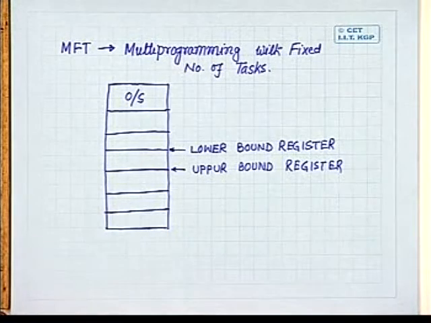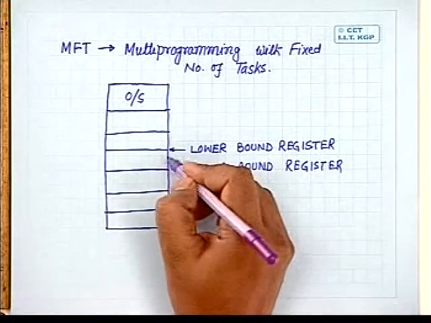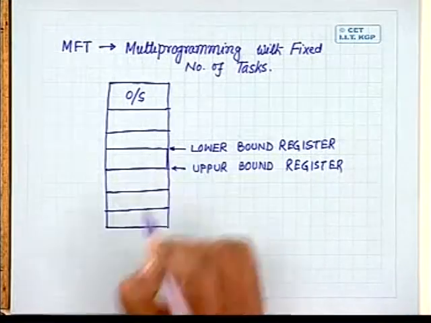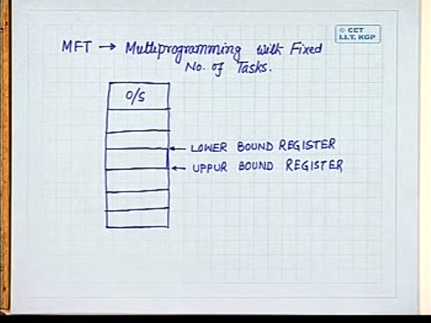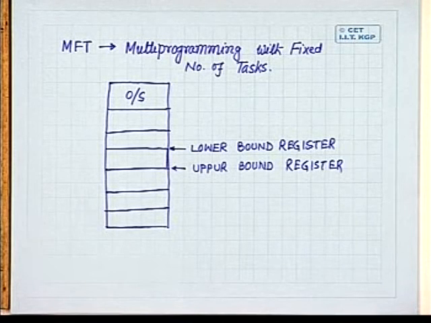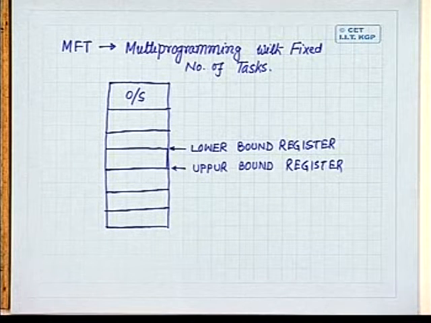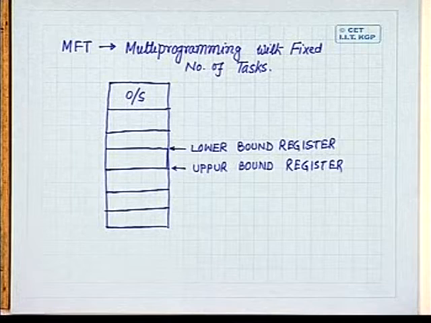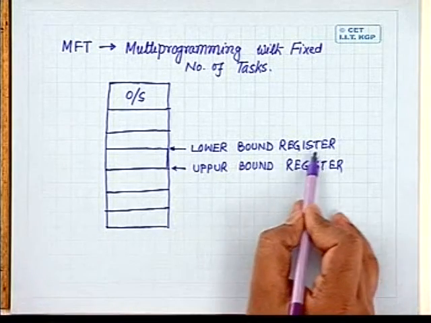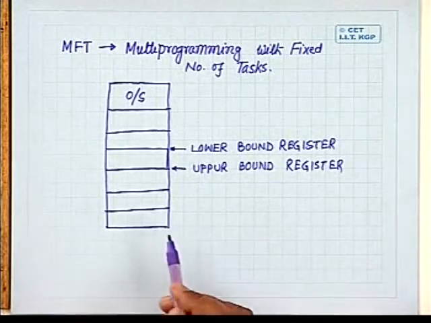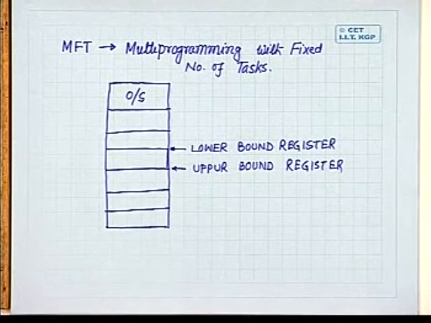What modification can be done on this is, since the size of every partition is fixed, if I know that a job is loaded into say partition number 5, I know the starting address of that partition. I also know the length of that partition. So accordingly, instead of having a lower bound register and an upper bound register, I can have two other registers.